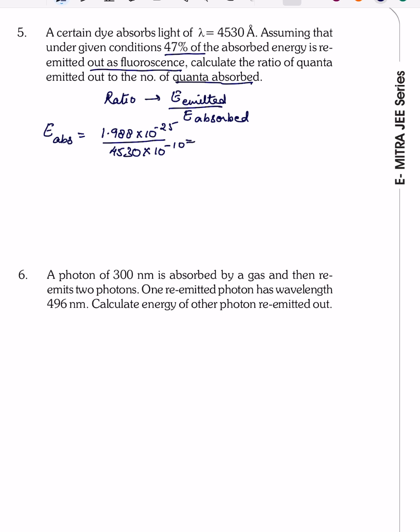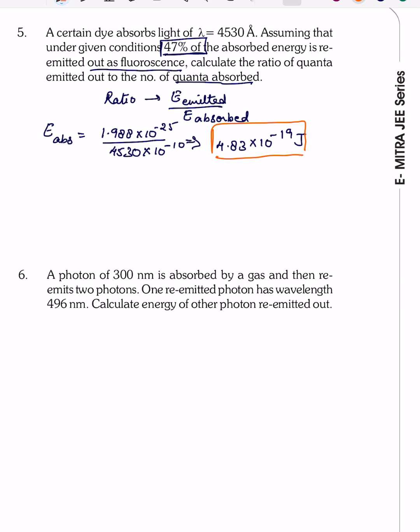If we solve this, it comes out to be 4.83 into 10 to the power minus 19 joule. Now it says 47% of the absorbed energy, 47% of this energy, 4.83 into 10 to the power minus 19 joule, is re-emitted as fluorescence.